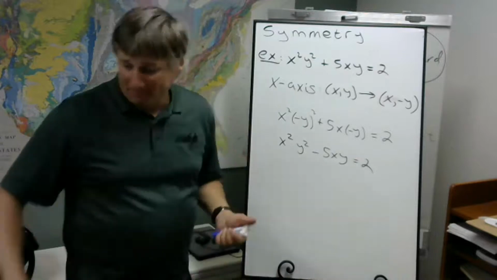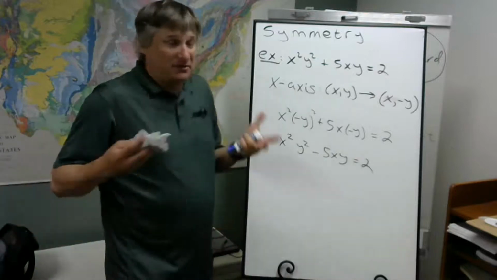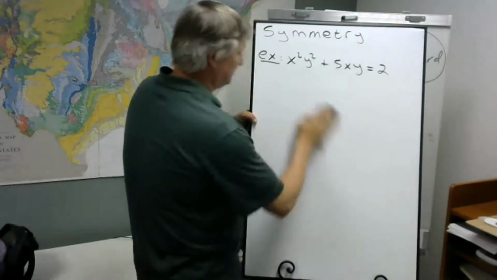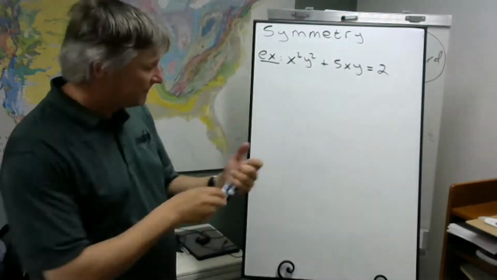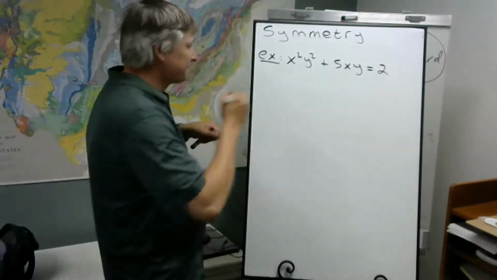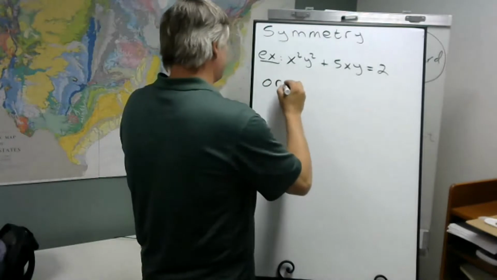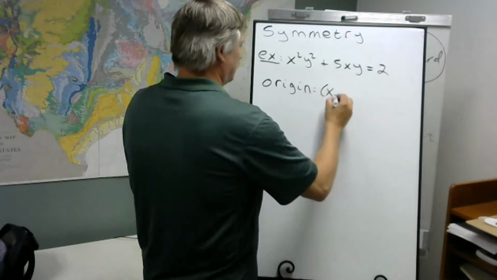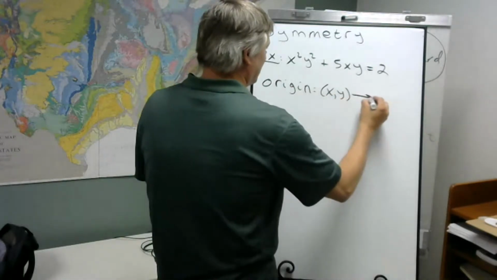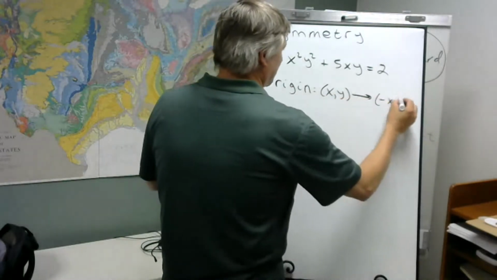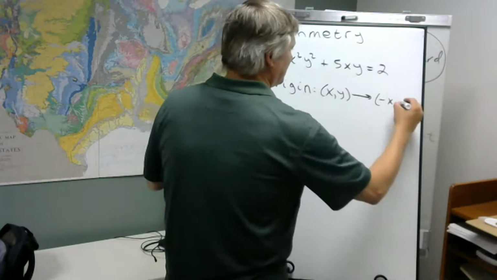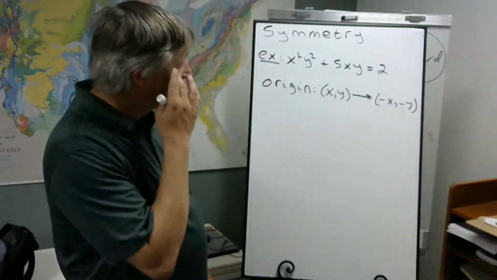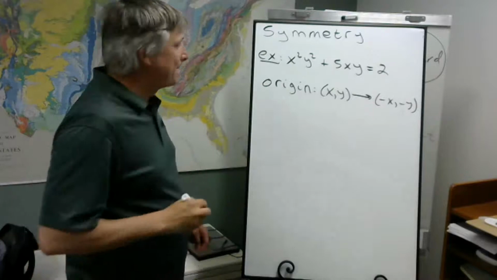There's one more to try. And again, they might not be symmetric at all with any of these symmetries. Maybe we'll still get the origin, though. Let's find out. So for origin, if (x, y) satisfies the equation, so does (negative x, negative y).